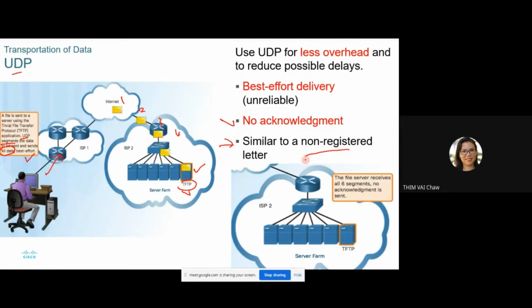In this case, you do not know whether your letter will arrive at the destination or whether it will be received by the recipient. You did not know that at all. So the file server will receive all 6 segments, but no acknowledgement is sent. Even though the server already received the 6 segments, it will not send any acknowledgement. This is the difference between UDP and TCP.